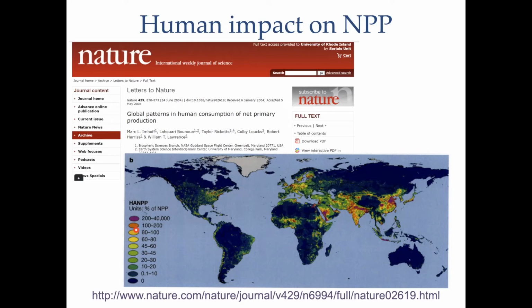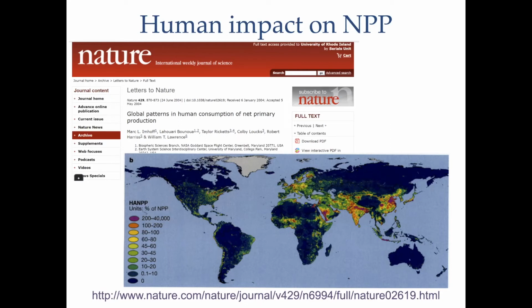So on the orange, which is mostly here and some of the most populous areas here in the Northeast as well, we are already using 100% of the net primary productivity produced in those places. Why is this a problem? Well, because other species would need that energy as well. And if we are in places using even like 40,000%, it means that we are not only using what is being produced locally, but also in other areas that are not using it at all.